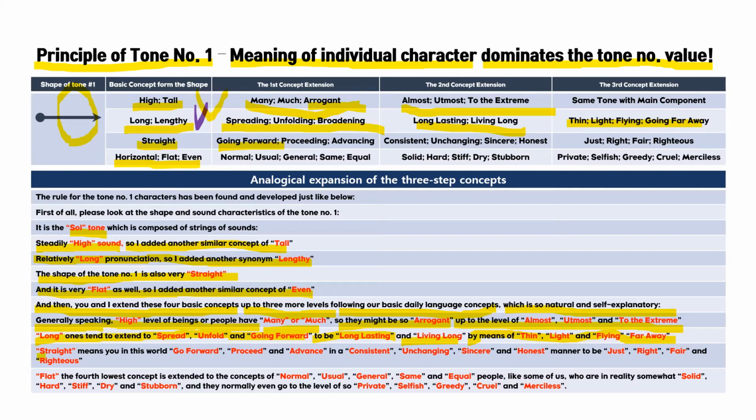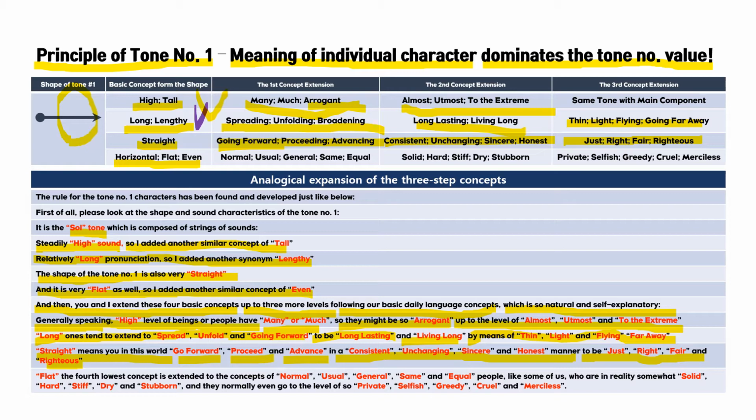And straight means you in this world go forward, proceed, and advance in a consistent, unchanging, sincere, and honest manner to be just, right, fair, and righteous. Yeah, you are going forward, proceeding, and advancing in a consistent, unchanging, and sincere and honest manner, also in the manner of just, right, fair, righteous manner.